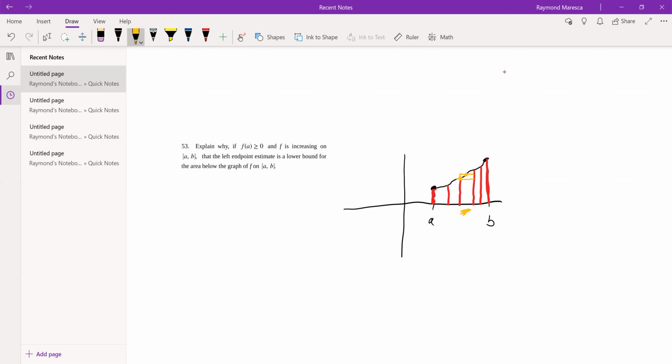So this isn't just true for this one rectangle, it's true for all of these rectangles because the function is increasing. So that's why the left endpoint method, in this case, when the function's increasing and f of a is bigger than or equal to 0, gives a lower bound for the estimate of the area below the curve.